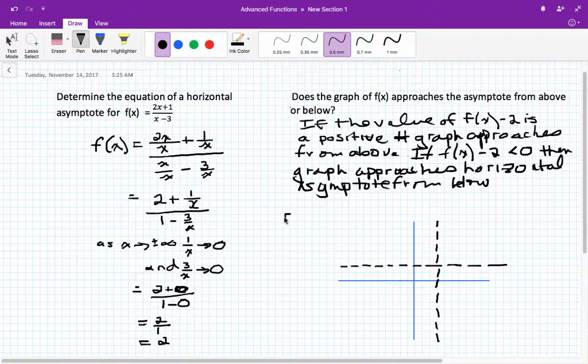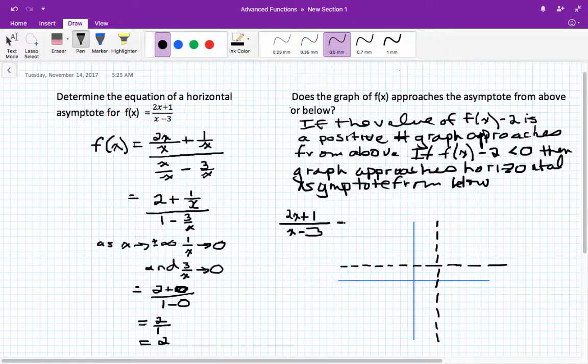Actually, it's 2x plus 1. So we got 2x plus 1 over x minus 3.